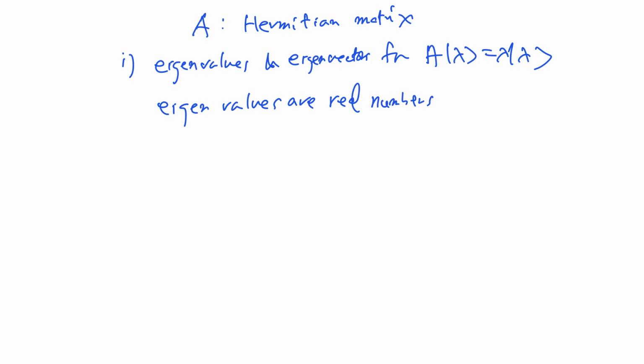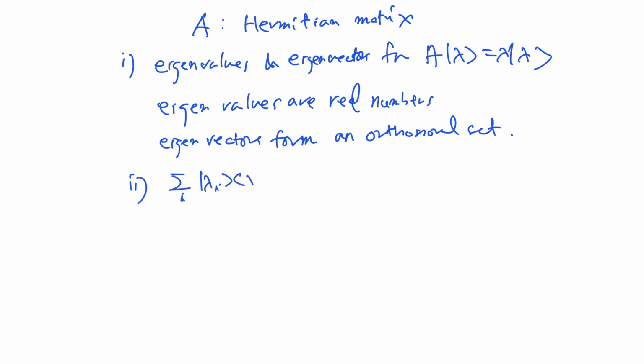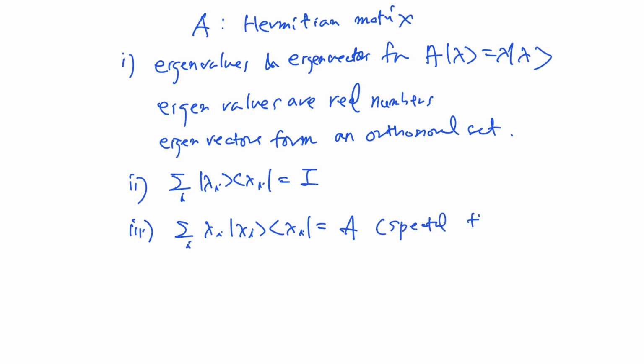Eigenvectors identity. This is called spectral theorem. Here, orthonormal set.